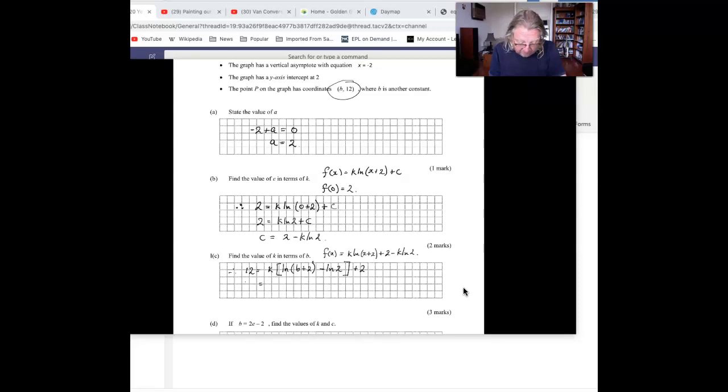This is going to be equal to log((b + 2)/2) plus 2. Now taking the 2 away, we get 10 = k log((b + 2)/2). And then finally, we can write k in terms of b. It's going to be 10 divided by the log of (b + 2)/2.